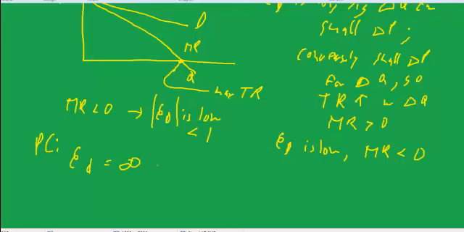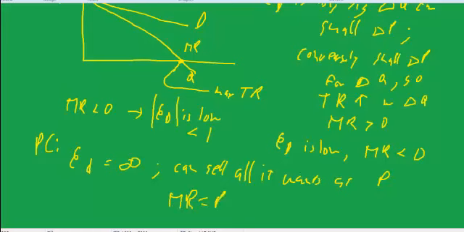For a perfectly competitive firm that faces infinite elasticity of demand, that means it can sell all it wants at the going price, and so the marginal revenue is equal to the price. In other words, it doesn't have to cut its price to sell more.